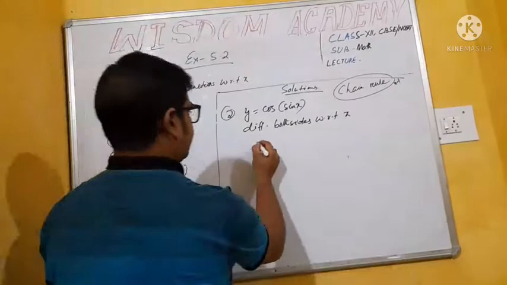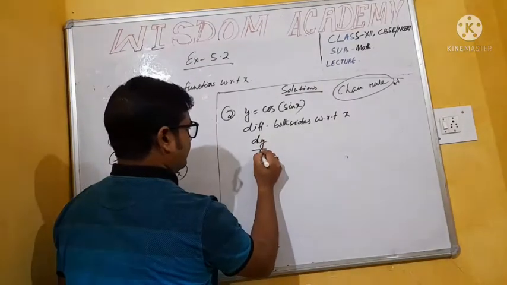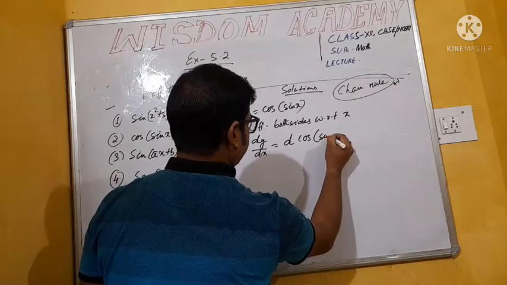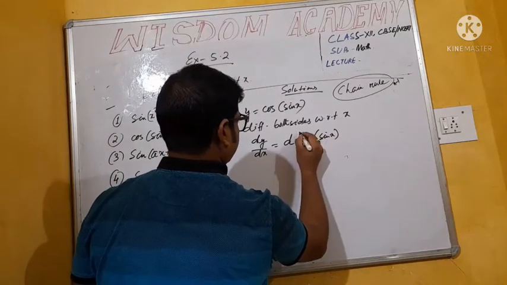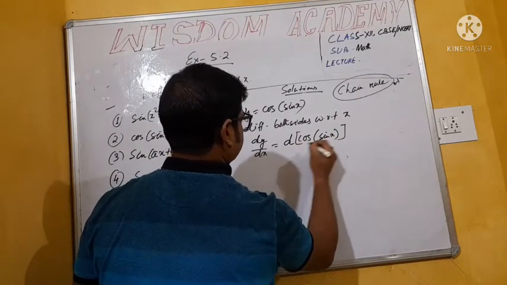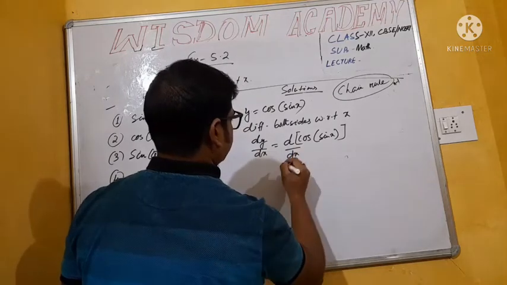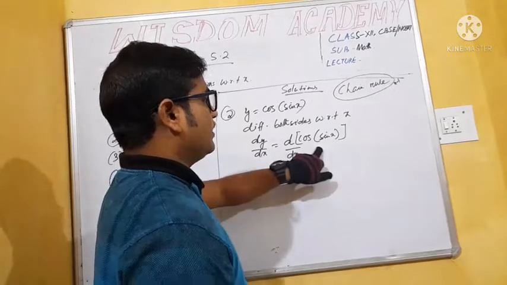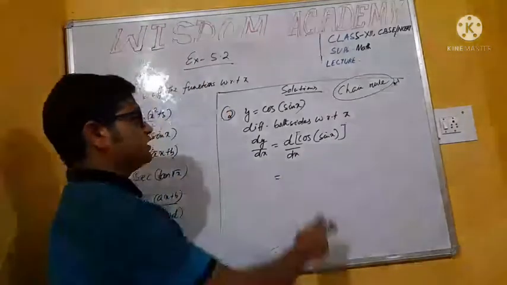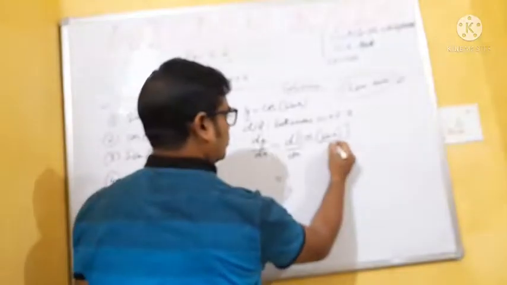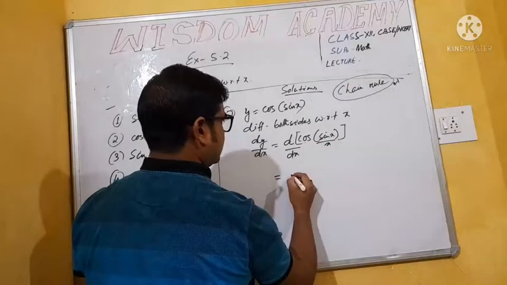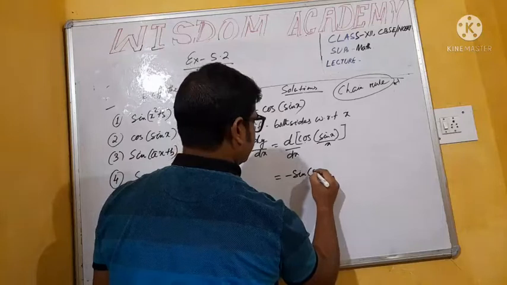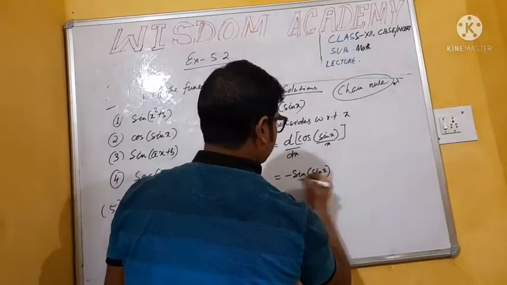You can write dy upon dx is derivative of cos of sin x with respect to x. So, cos of x, really here is not present x, but we consider sin x is x. So what is the derivative of cos x? Minus sin x, that is minus sin of sin x.